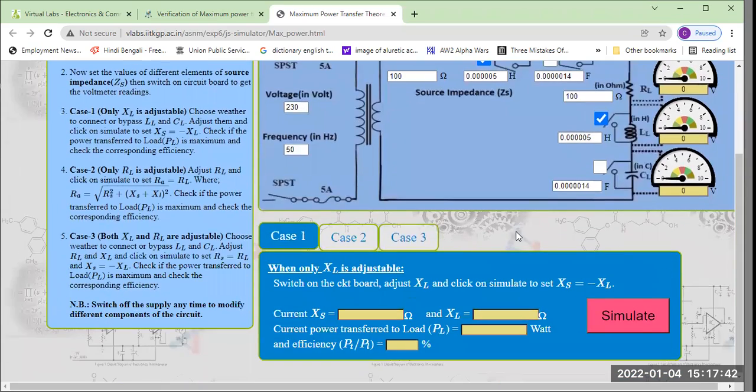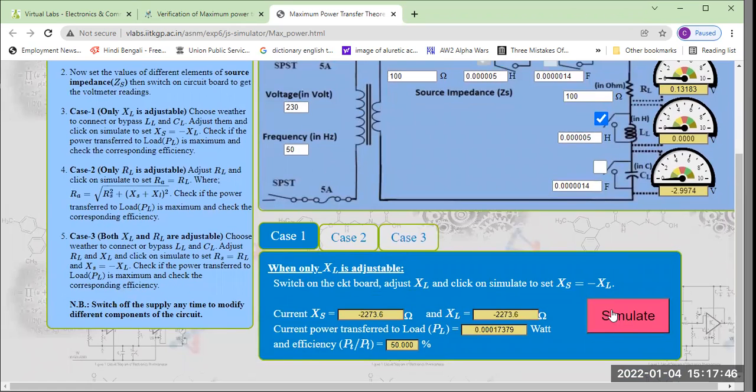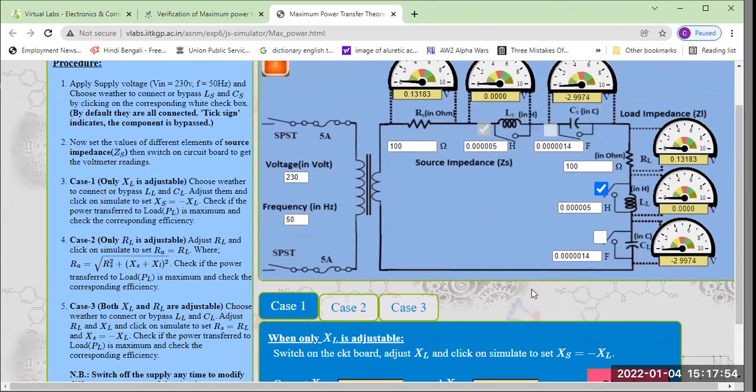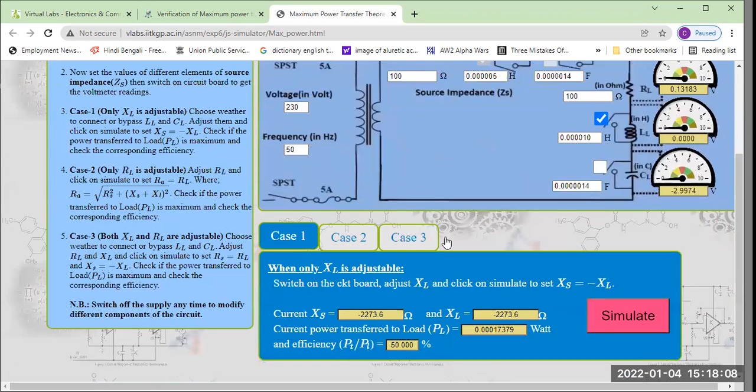For case 1 we are applying this. You can see, just simulate it. You can see the same thing is available, 17.379. Okay, and here also we are applying just double. If I make it double, here it is 5, we are applying 10, then we can see what happens.